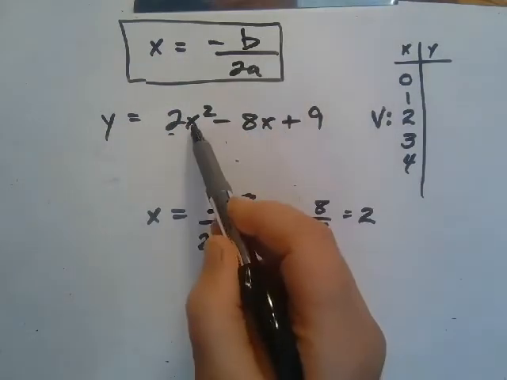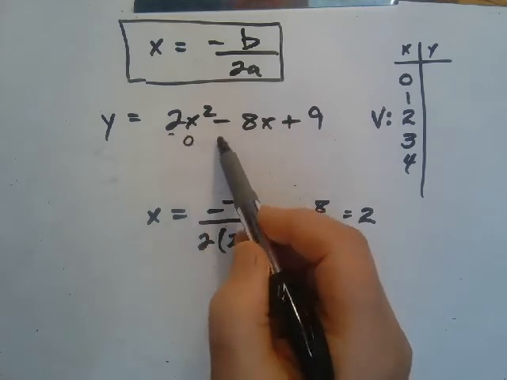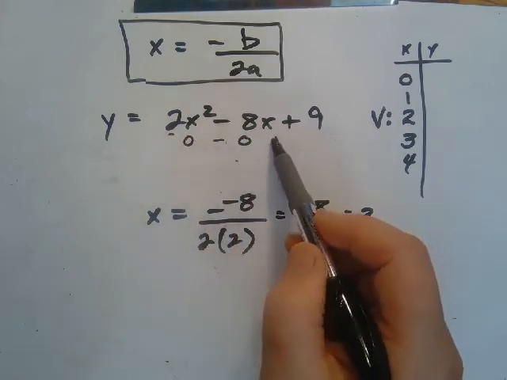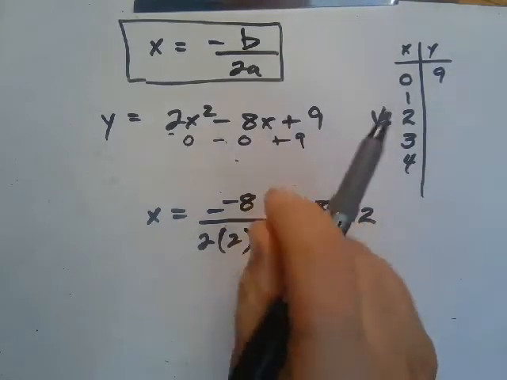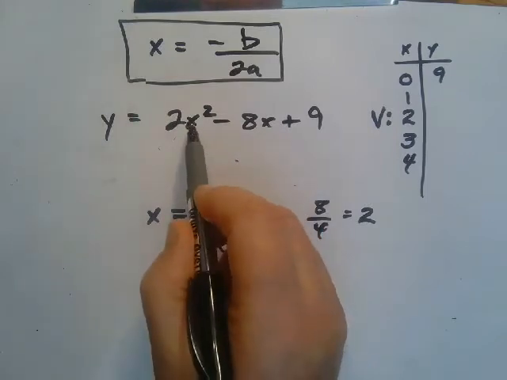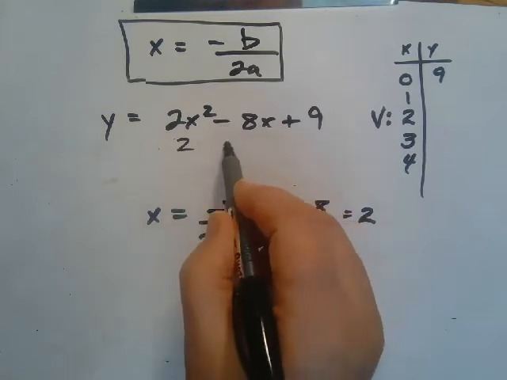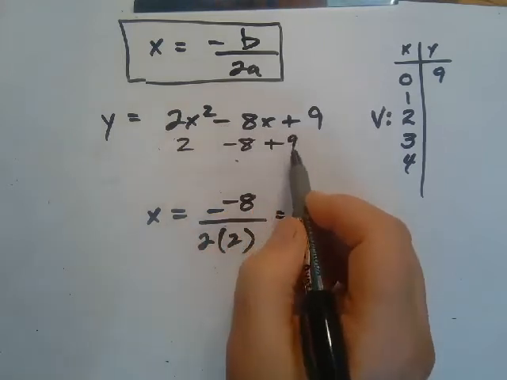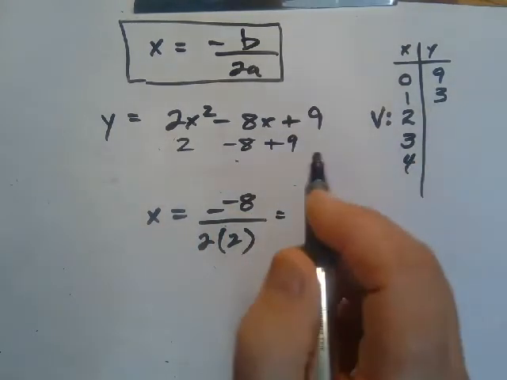Let's start with 0. If x is 0, 0 squared is 0, times 2 is 0, minus 0, plus 9. So that's 9. Let's put a 1 in there. 1 squared is 1, 1 times 2 is 2, minus 8 times 1 is minus 8, plus 9, that's 11, minus 8 is 3.